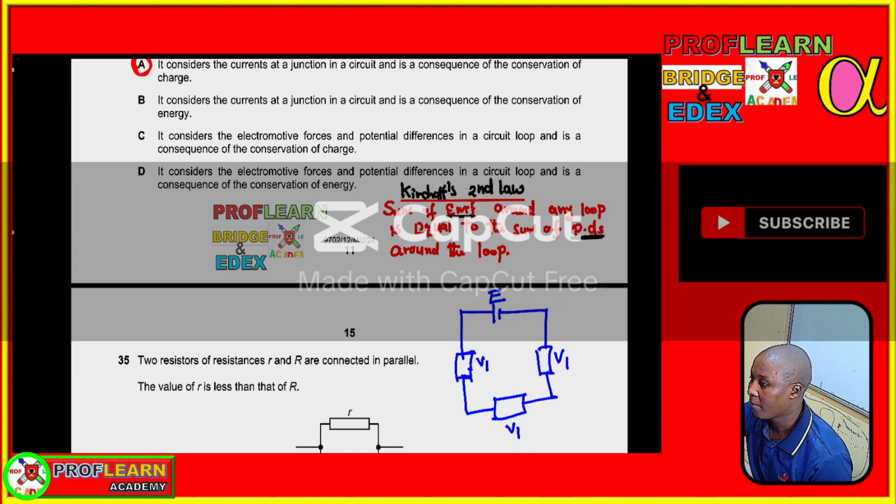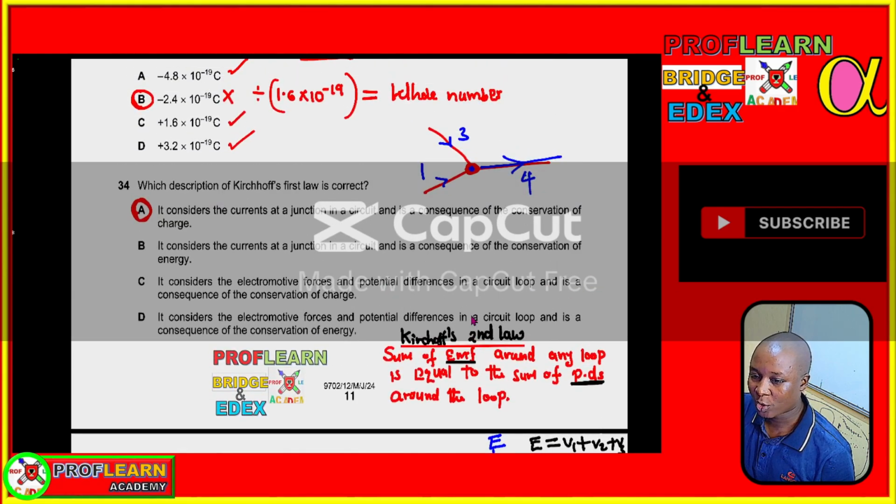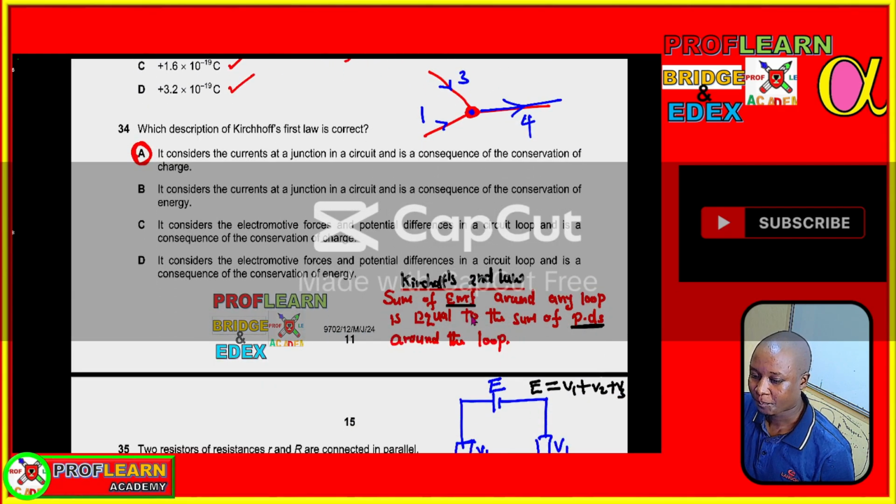So the sum of all the EMFs should be equal to the sum of the PDs in a single loop. So this is going to be V1 plus V2 plus V3. So Kirchhoff's second law is the conservation of energy, but Kirchhoff's first law is conservation of charge.